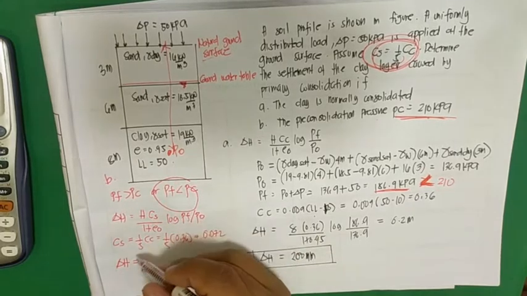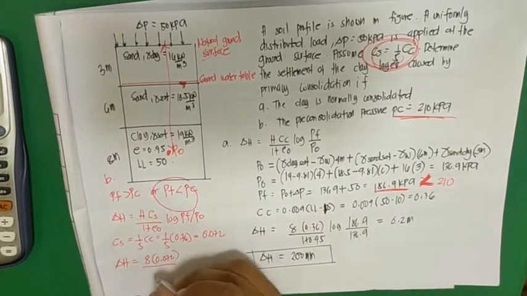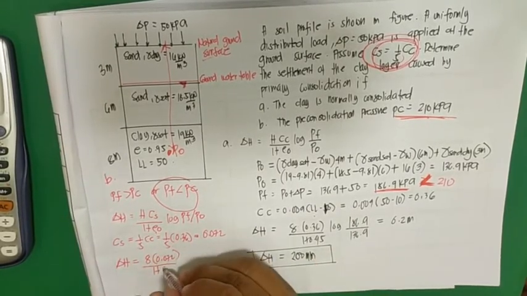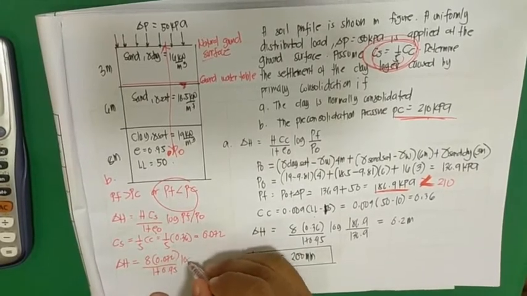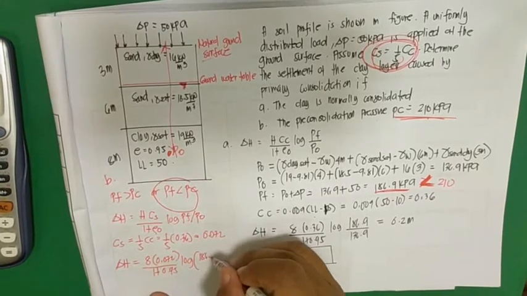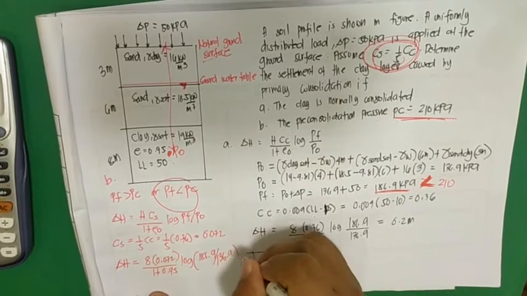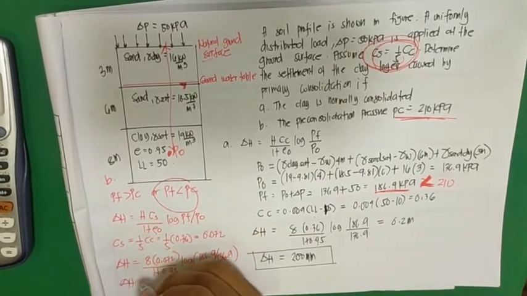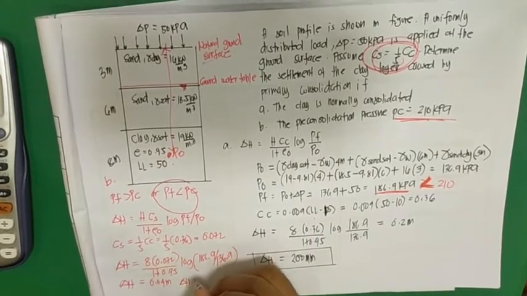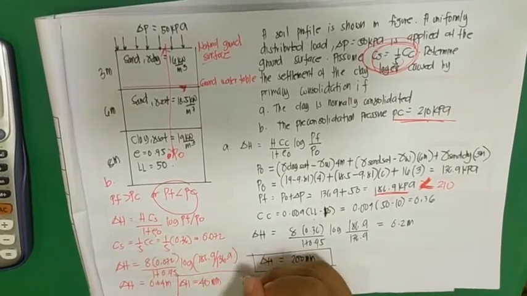Okay? So now, delta H: H is 8 meters times 0.072 over 1 plus EO is 0.95 log of 186.9 over 136.9. Delta H will give you 0.04 meter, or delta H is 40 mm.